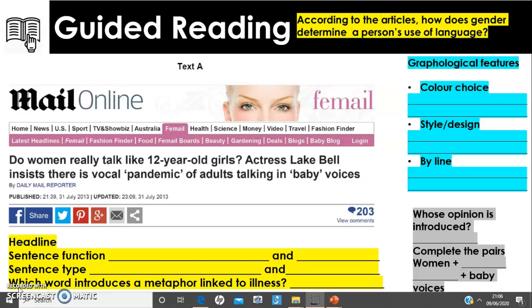Now, all of that information enables us to establish context. The context of the opinion we're going to be looking at is an online article for what publication? The Mail Online. And a very clever pun: we're in the female section. You can see we've got the word female, but it's been spelt to create a combination of female and male online. Quite clever.